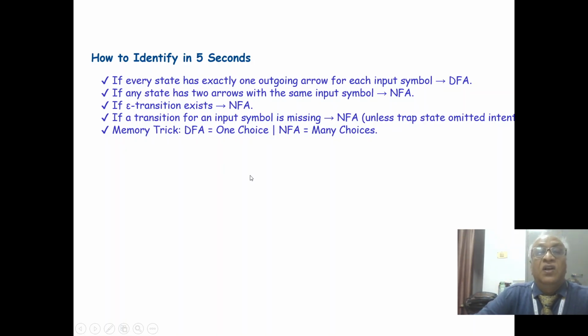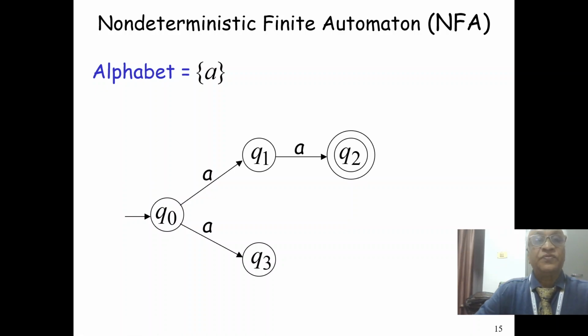Same thing here. One exact outgoing arrow for every state, DFA. Two arrows for same input symbol, NFA. Epsilon transitions, NFA. Transition missing, NFA. DFA has one choice, NFA has many choices.